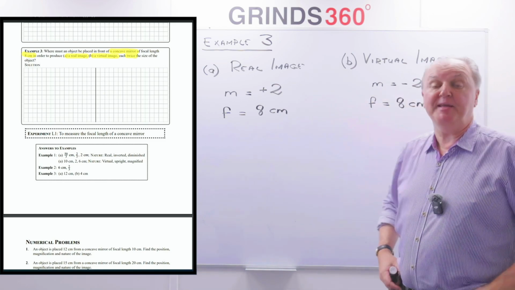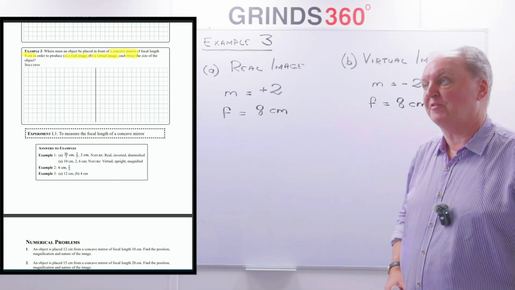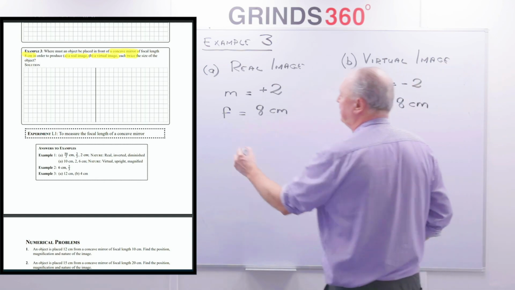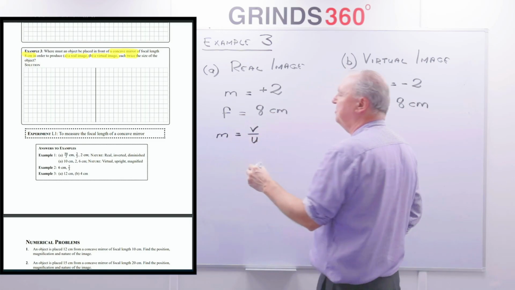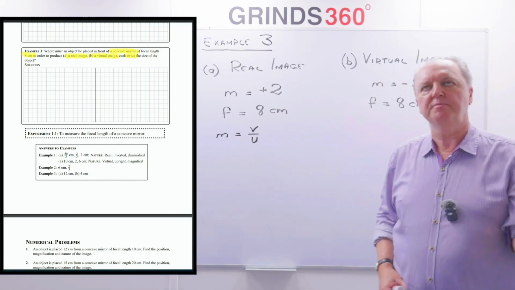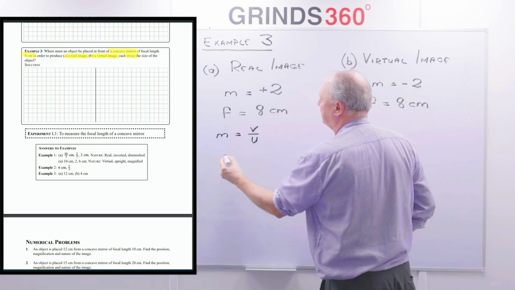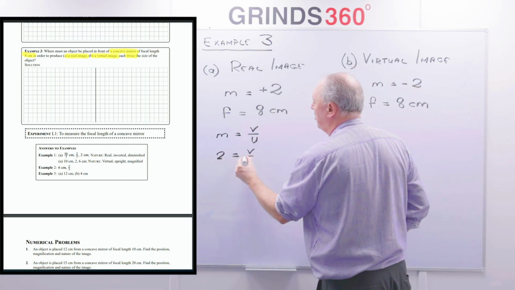So I've got two formulae. I normally start off with the mirror formula, 1 over u plus 1 over v equals 1 over f. But here I think I'll start off with the other one, m is equal to v over u. You see, in this question, I've neither got v or u, but I do have m. If I replace m by its value of 2, I've got 2 is equal to v over u.